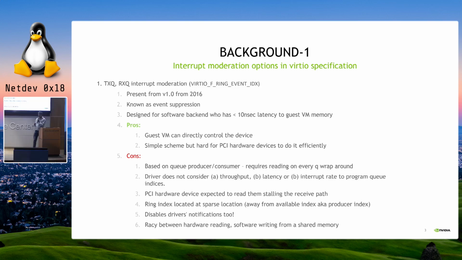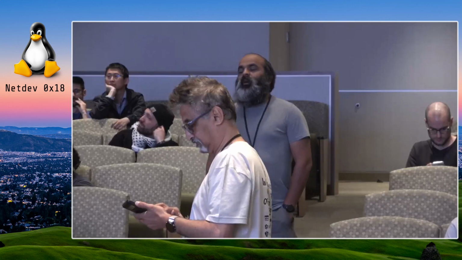It's not in the config space, but it is per queue, at the end of the queue. If you consider a split queue of virtio, you have an available index area, and a used one, and the sad part is that they've been placed at two extremes of the queue.